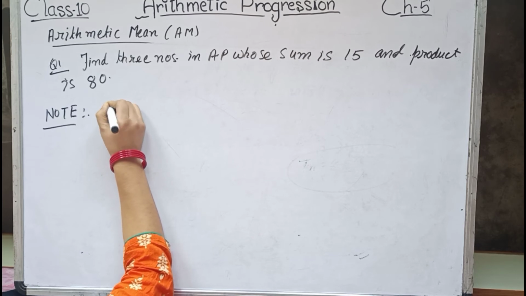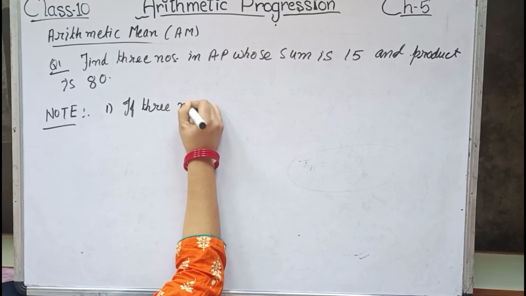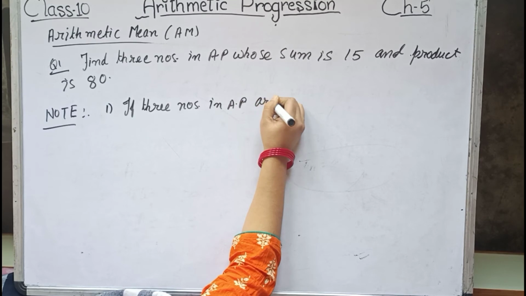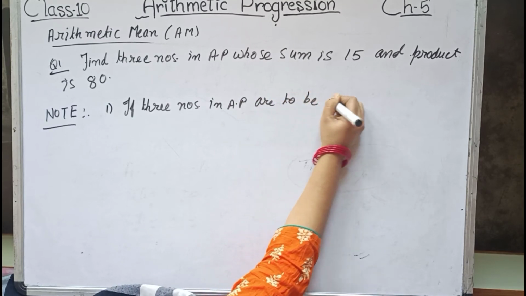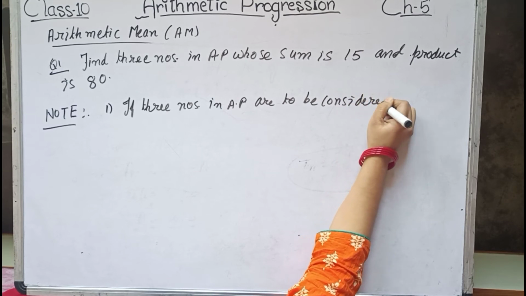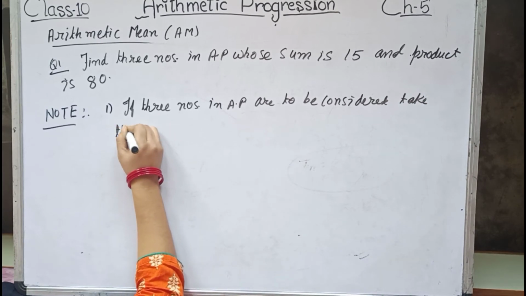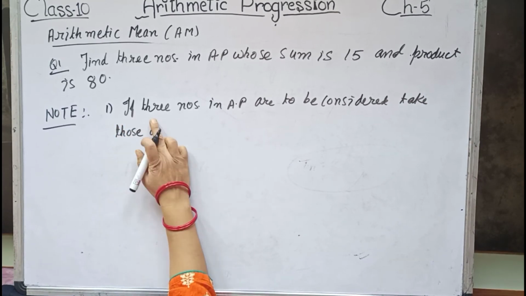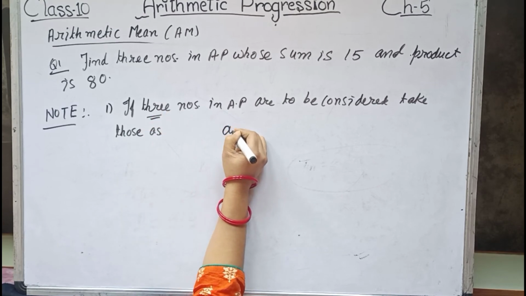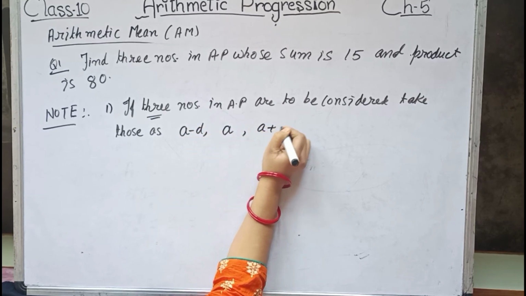Note number 1: if three numbers in AP are to be considered, take those as, 3 is odd, so the middle one I'll suppose as a, the first one a minus d, and the third one as a plus d.